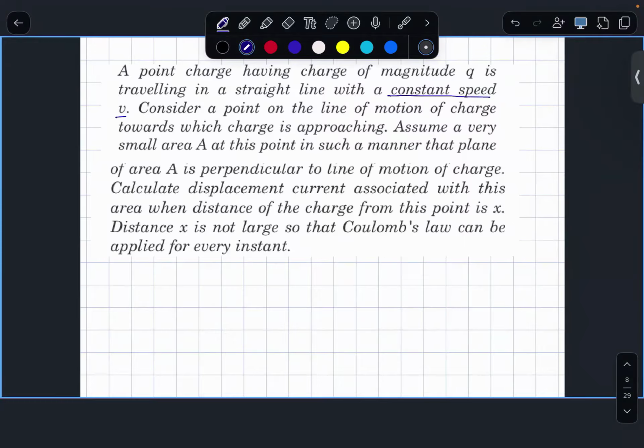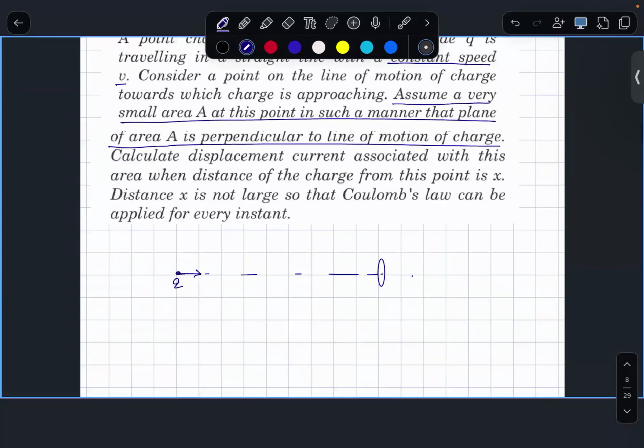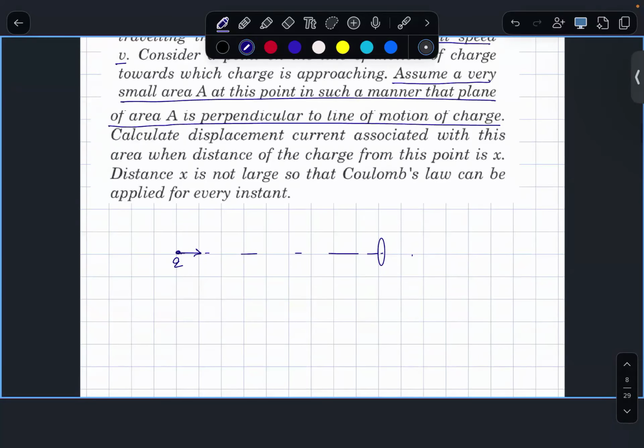This question also was given in mains. Assume that the charge is moving, small area. Calculate the displacement current associated with this at distance r.